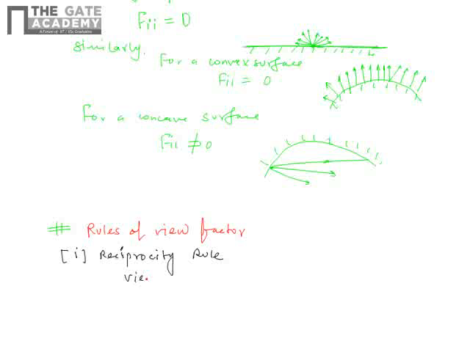View factors Fij and Fji are related as Ai Fij is equal to Aj Fji.